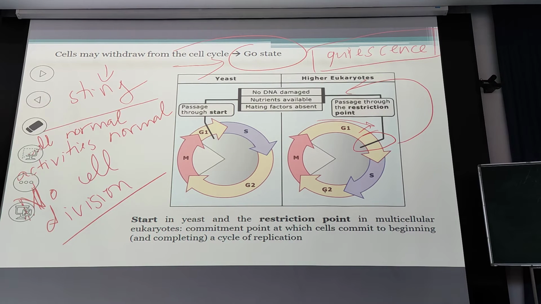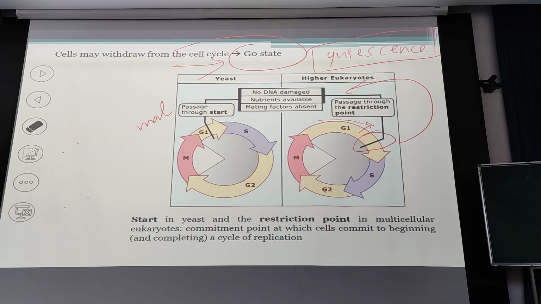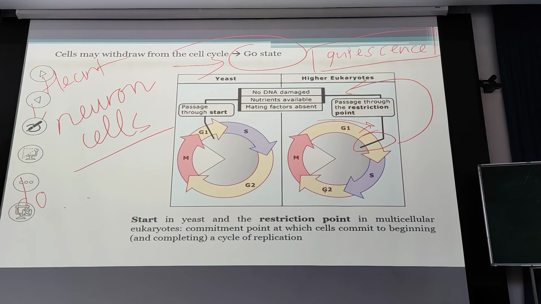And there are some cell types that stay in the G0 stage forever. We have the heart cells, and very famously the neuron cells. They don't want to divide.